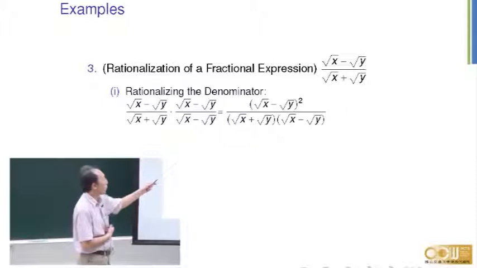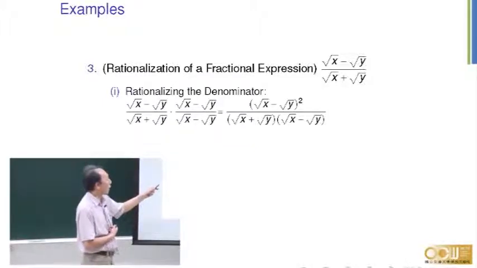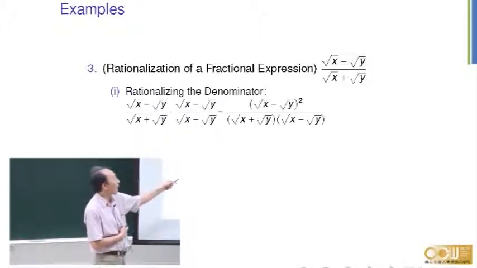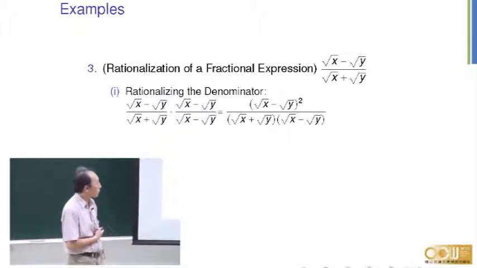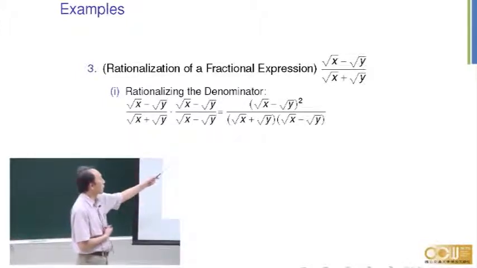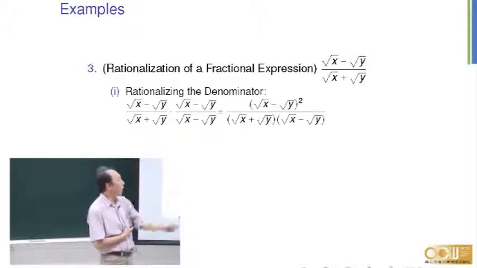But now for the denominator, I have a plus b times a minus b. So I can use the difference of two squares to multiply them. Okay, and upstairs it is the square of square root of x minus square root of y.